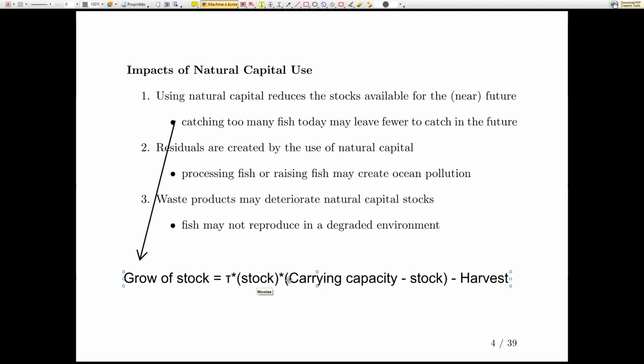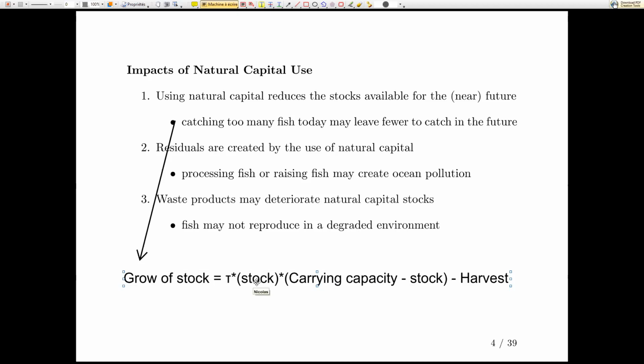But then there's a second thing kicking in, called the carrying capacity. This is how many fish I would have in total if I let them grow forever. I wouldn't have an infinite amount of fish. At some point the fish would fill the whole ecosystem, and that would be it. And this is minus the stock. So you see that the growth is going to be 0 if the stock is 0.